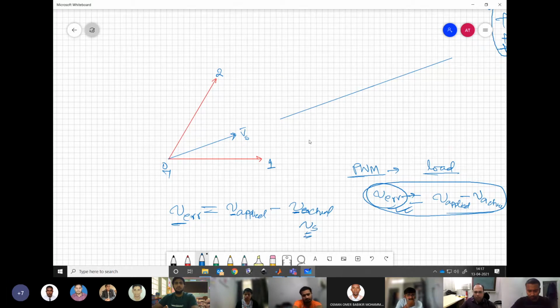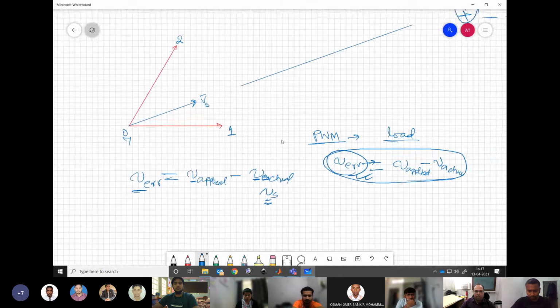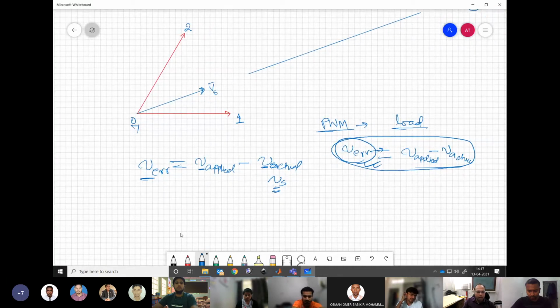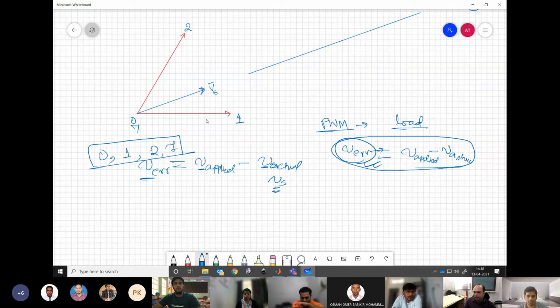Now, what options do we have here? If we talk about this sector, we are applying, let's say, 0 or 1 or 2 or 7. These are the 4 possibilities which we may apply within this sector. So now if we apply the 0 vector, what would our error be? 0 minus Vs. So that means minus Vs, that is the error.